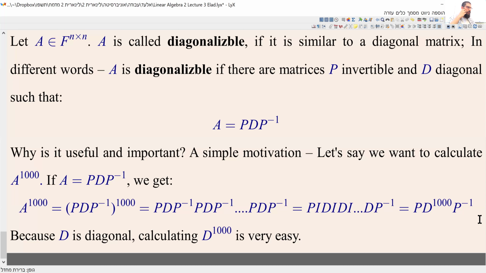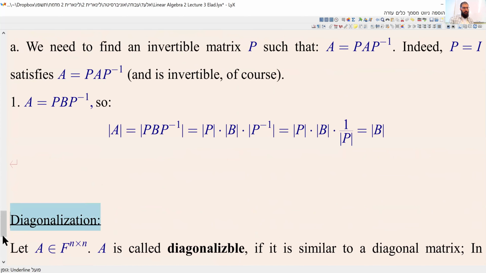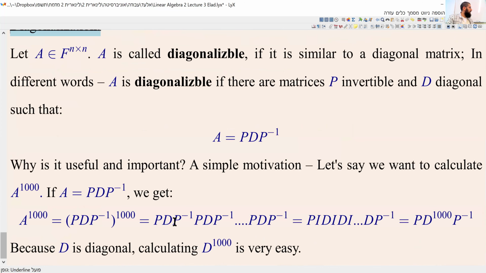So instead of calculating A to the power of 1,000 or million or trillion, one can go through this diagonalization process. We'll shortly explain how to do it. And then multiply P with D to the power of 1,000, million, trillion, and multiply by P minus 1.